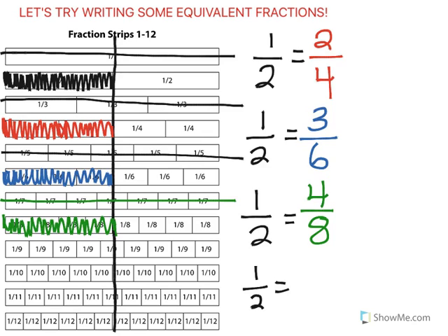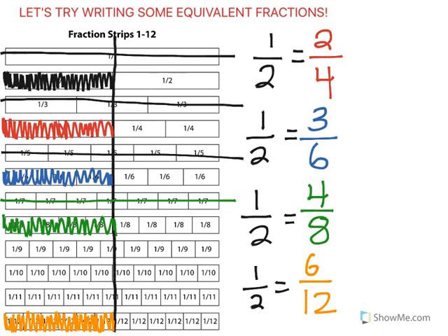Let's go down to 12ths. So 1, 2, 3, 4, 5, 6. 6 over 12, or 6/12 is also the same as 1/2. So that's how we use our fraction strips to figure out equivalent fractions.